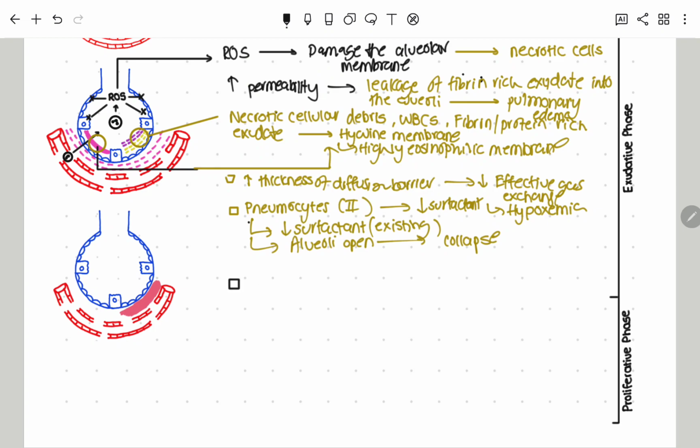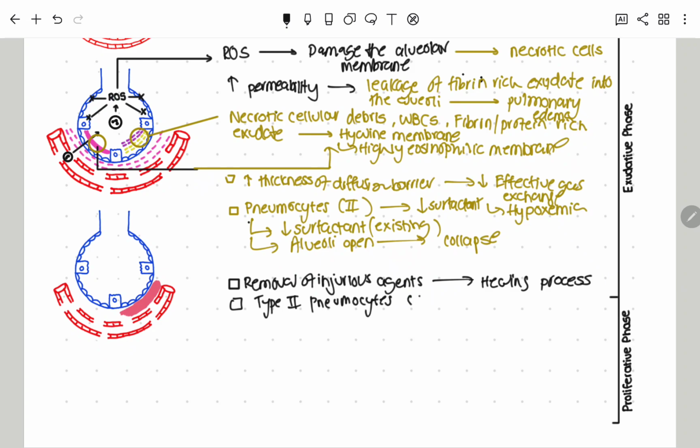And so in the proliferative phase, you have the removal of the injurious agents plus the healing process taking place as is. And this is mediated by type 2 pneumocytes.